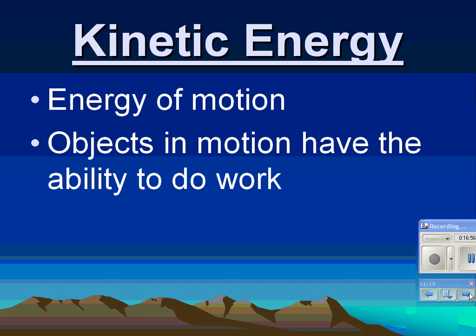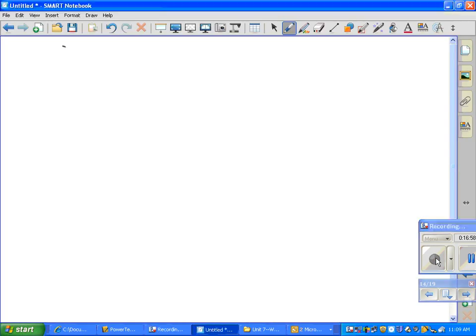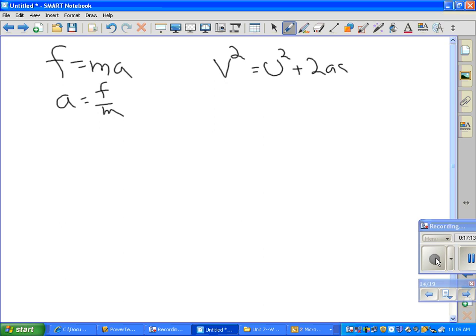I want to show you something here real quick. We talked about Newton's second law for a long time, right? And therefore, the acceleration of an object equals force over mass. We also know from kinematics way back when that the final velocity squared equals the initial velocity squared plus 2as, right? And so I can say that if something is starting from rest, the final velocity squared equals 2 times F over m times s.